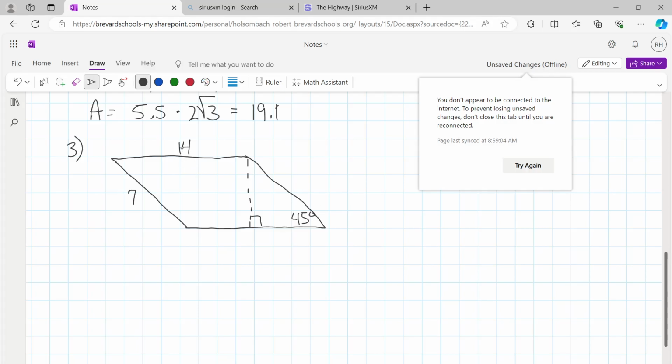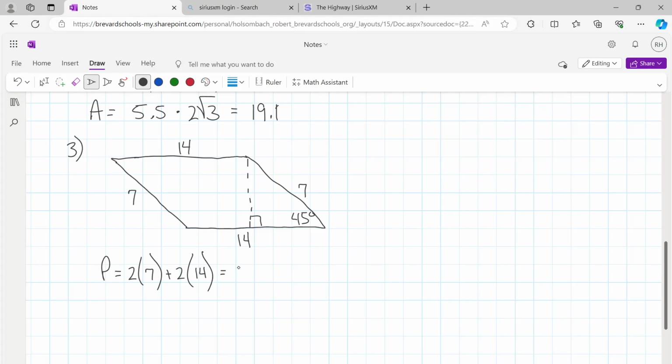All right, if our top's 14, our bottom's 14. If our left side is 7, our right side is 7. So we can do the perimeter now. So 2 times 7 plus 2 times 14, 42.